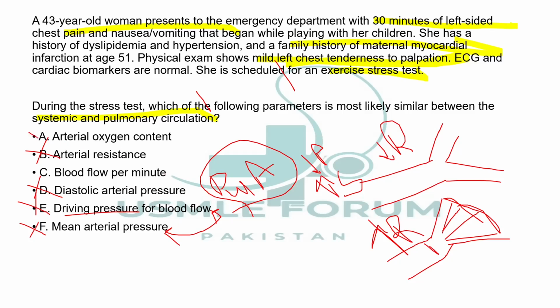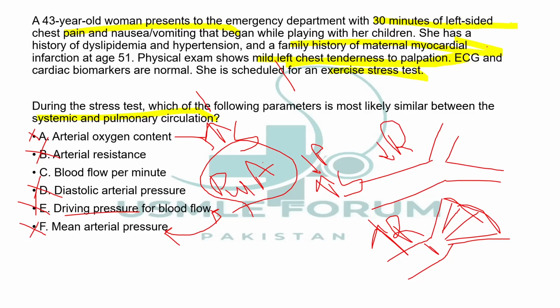Arterial oxygen content is highest in systemic because the blood has freshly come from the lungs. But in the pulmonary artery, there is deoxygenated blood going from the right ventricle towards the lungs.